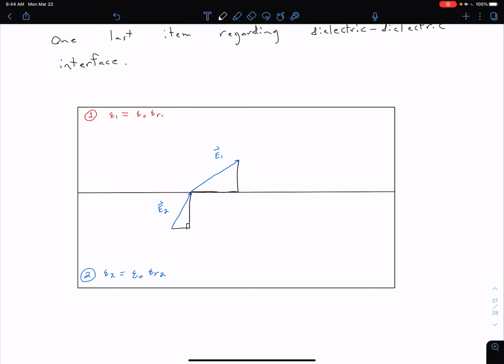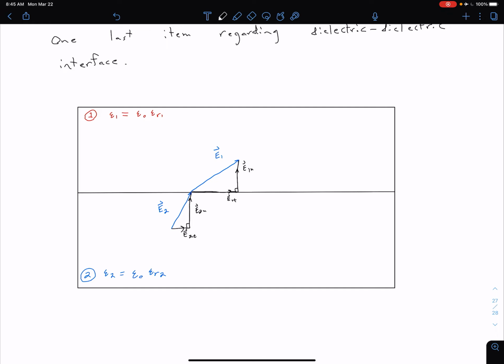So let's see, here we have our E2, so this would be our normal component of E2 down here directed this way, and we would also have our tangential component of E2, so E2 tangential. And then same thing up here, we have our normal component of E1, so E1 normal, and our tangential component of E1, E1t.